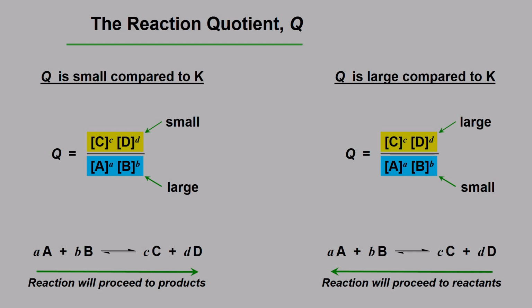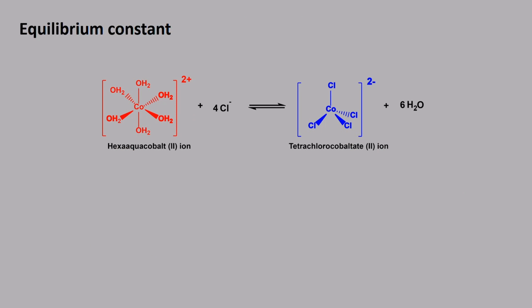So the reaction will naturally proceed towards the product side. That means we can predict that if Q is small compared to K, then our reaction will proceed to the right, to the products. So we can understand how a reaction behaves by looking at its equilibrium constant.